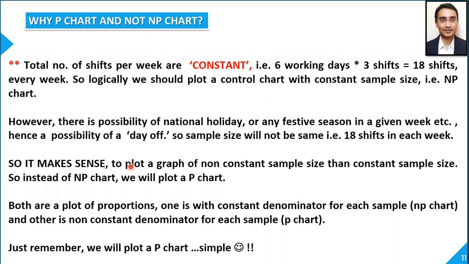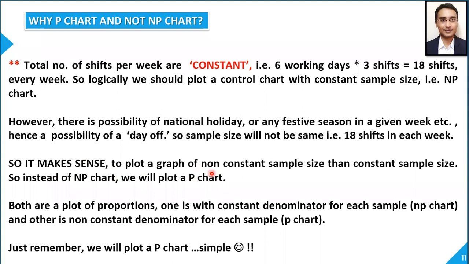There is a possibility there will be only 15 shifts because one day in that week is off and nobody works. So it will be a 15-shift week instead of an 18-shift week. This is a possible variation, to be very honest. So it makes sense to plot a graph with non-constant sample size rather than constant sample size. So instead of an NP chart, we will plot a P chart for the sake of standardization.